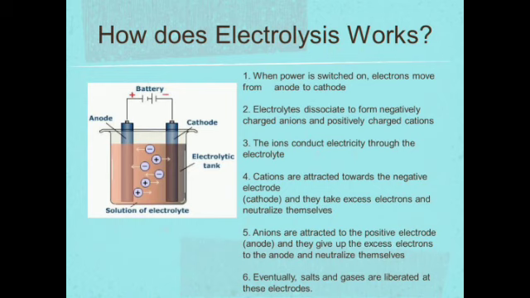Now, at the cathode, both Cu2+ and H+, that's both the cations in the electrolyte and the solvent, migrate to the cathode. Since they are positive ions, they migrate to the negative electrode, which is the cathode, where Cu2+ is discharged preferentially because Cu2+ is below H+.